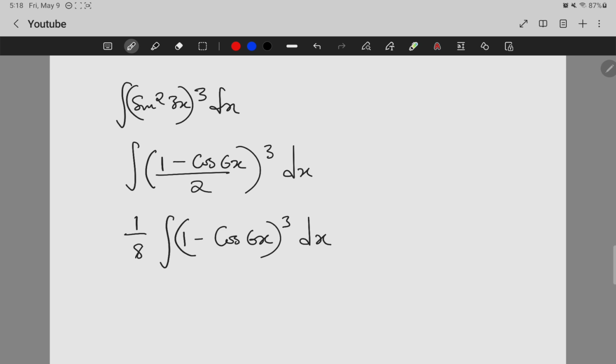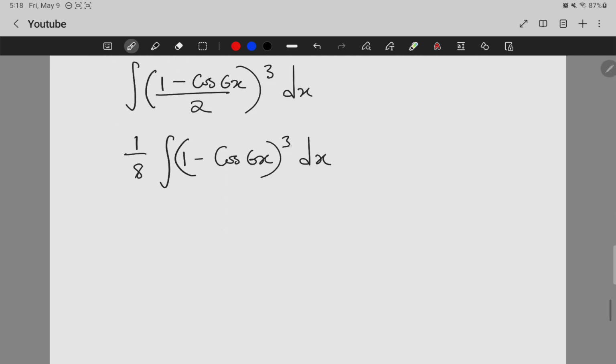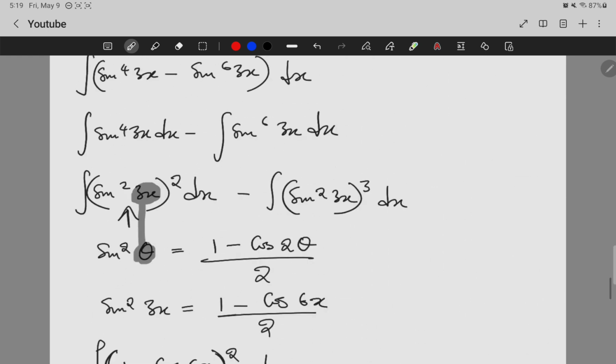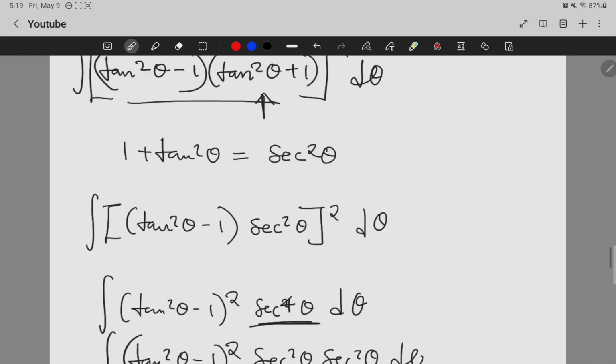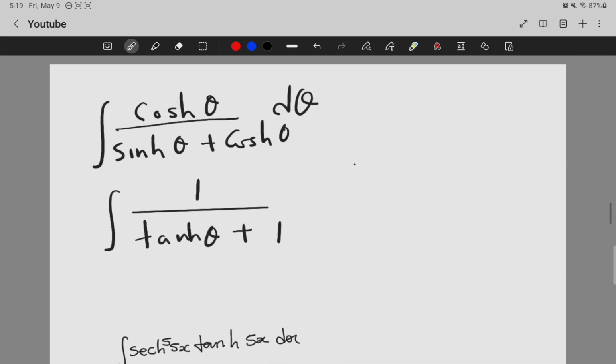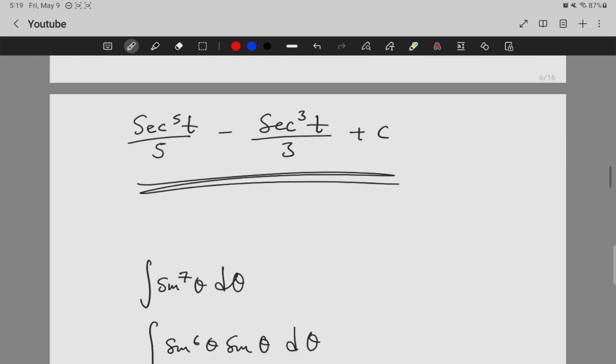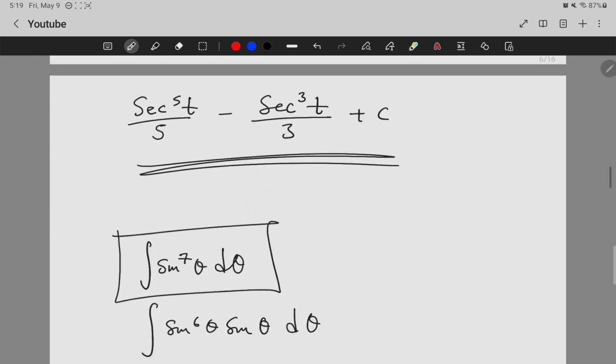Then expand this as well, and see how you would integrate it. Basically, when you expand, one term will end up being cos to the power 3. That term with cos to the power 3, you're going to integrate it using the method we used when we integrated sine to the power 7. Since the power there is going to be odd, you're going to use the technique we used for sine to the power 7 in the previous video.